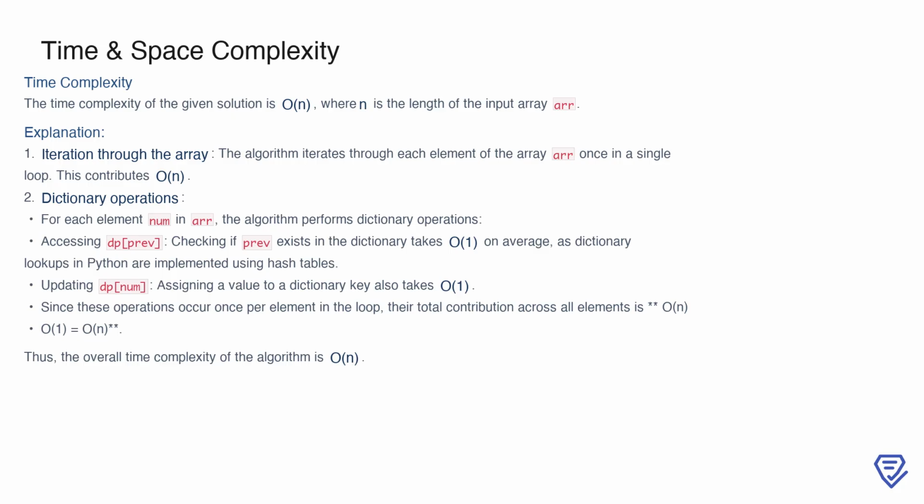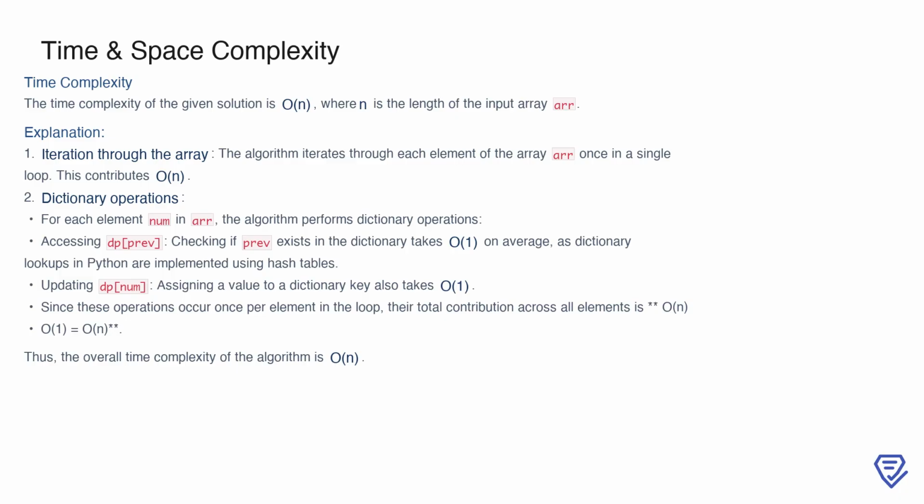The time complexity of this solution is O(n), where n represents the length of the input array. This is because the algorithm iterates through the entire array once in a single loop, making the iteration itself an O(n) operation. Additionally, for each element in the array, we perform dictionary operations. These include checking if a previous element exists in the dictionary and updating the dictionary with the current element.